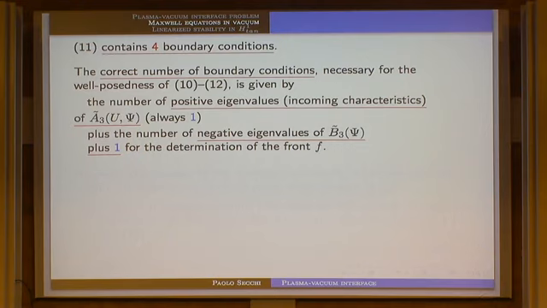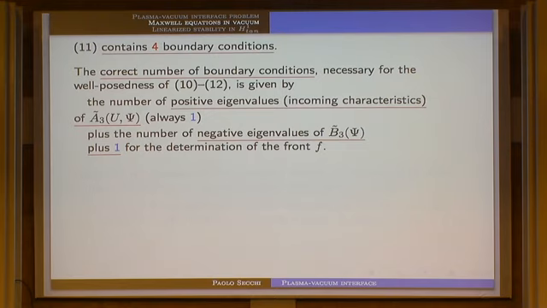But what is the correct number of boundary conditions for the well-posedness of the problem? It is given in this way. For the complete problem, plasma and vacuum together, we have to see the number of incoming characteristics in each region. For the plasma part, the plasma is above, so we have to see the positive eigenvalues on the front, x3 equal to 0.